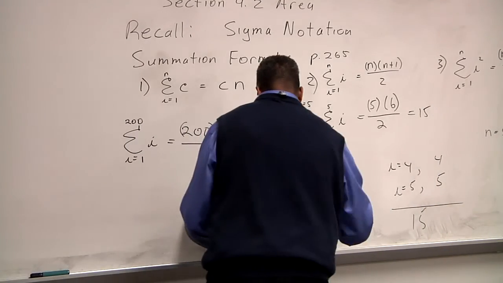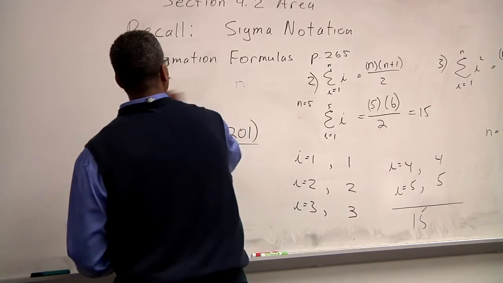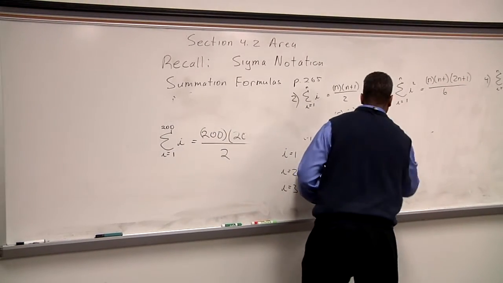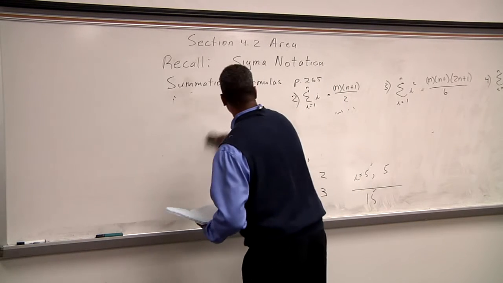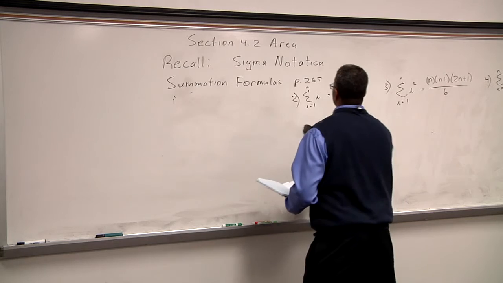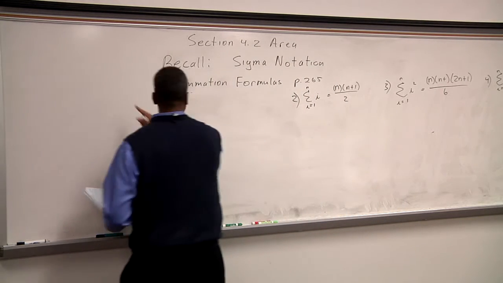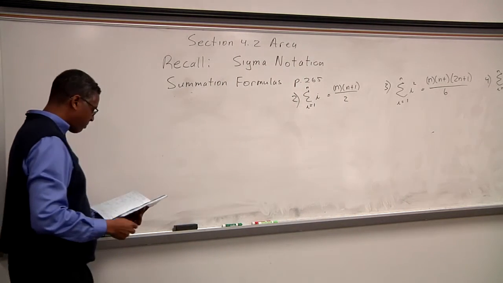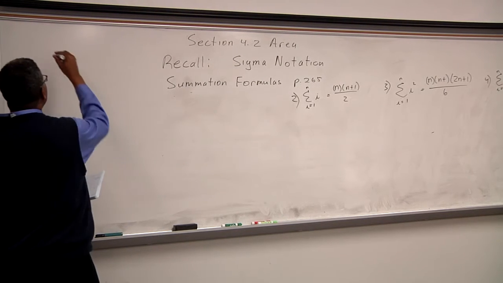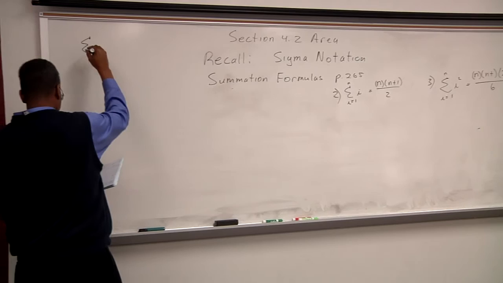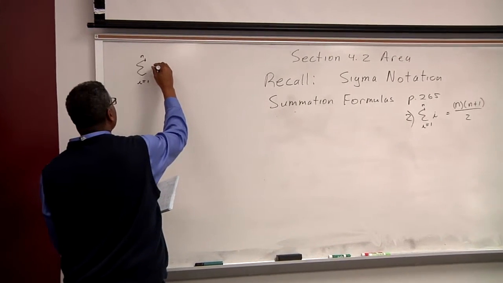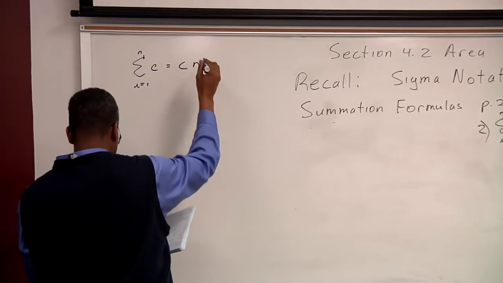So let's move on to a more detailed example. And what I'm going to do is move some of these formulas to the side of the board here because we are going to be referring to them for the next example. So I'm going to move the first one over here: summation i equals 1 to n of c equals c times n.